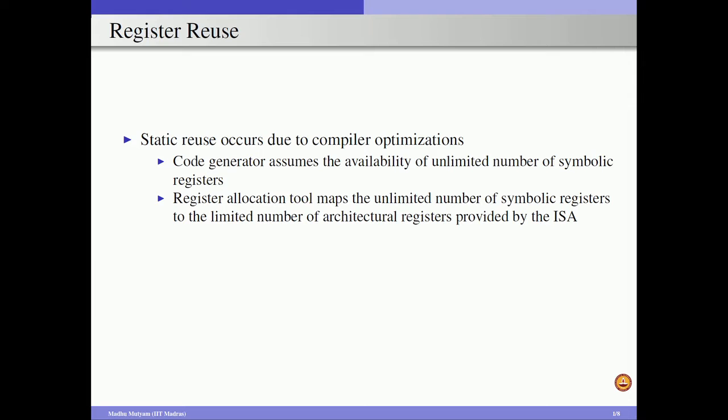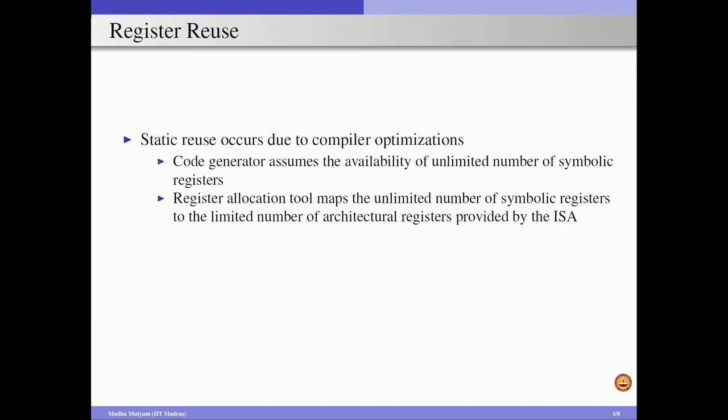But finally, because the architecture is going to have a limited number of registers, we have to convert these symbolic registers into architectural registers, and that is what we do in the register allocation phase. In the register allocation phase, we optimize the number of registers that we use for the compiled code.